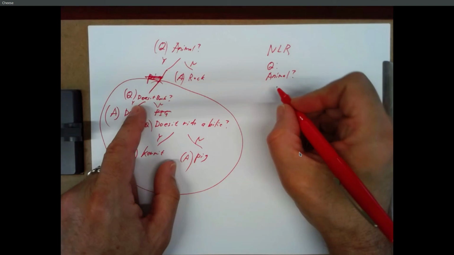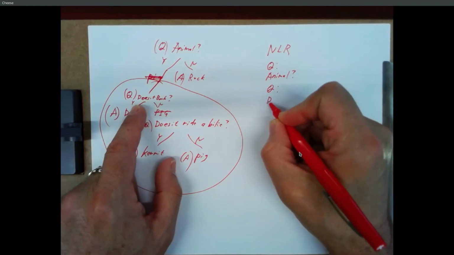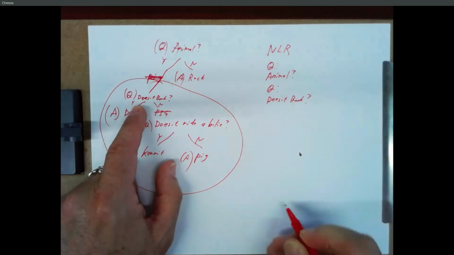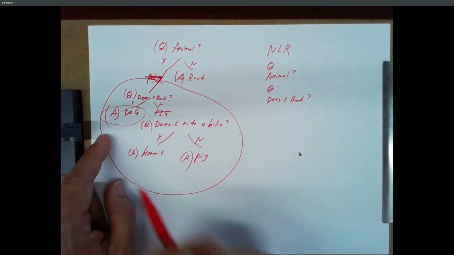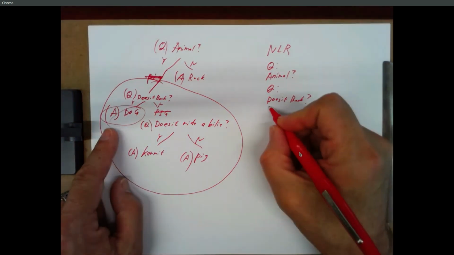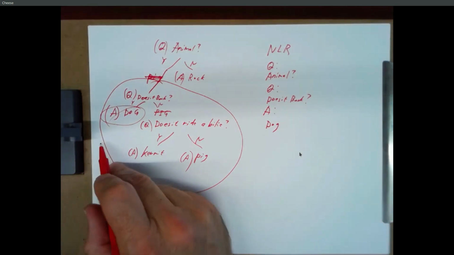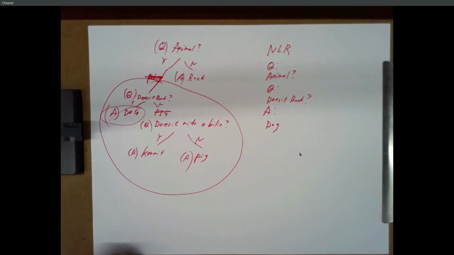So root of the tree is question, does it bark? And then we have to traverse the left subtree. So print out the node. There's an answer. It's a dog. Left subtree is null, nothing to traverse. Right is null, nothing to traverse.